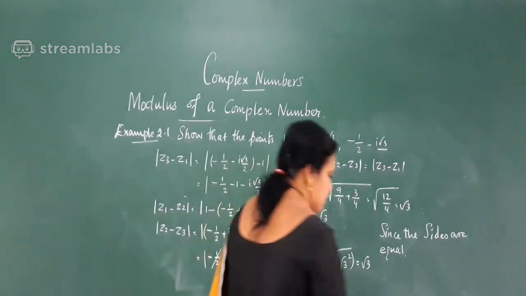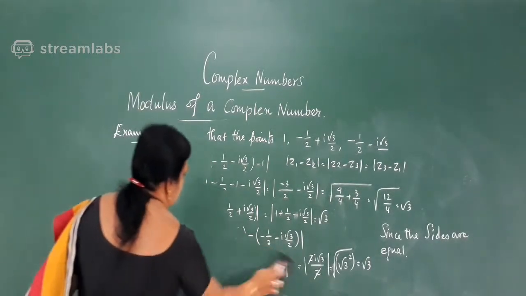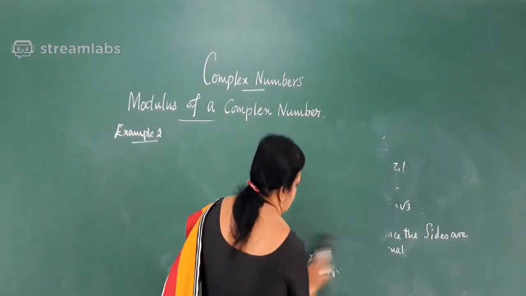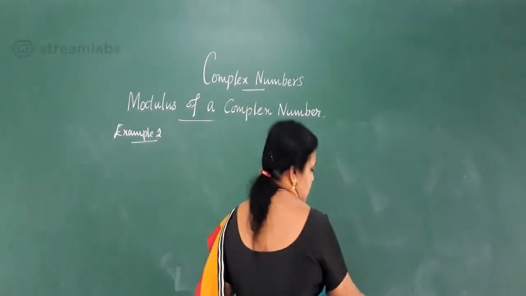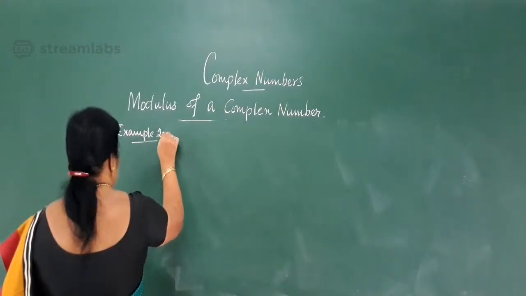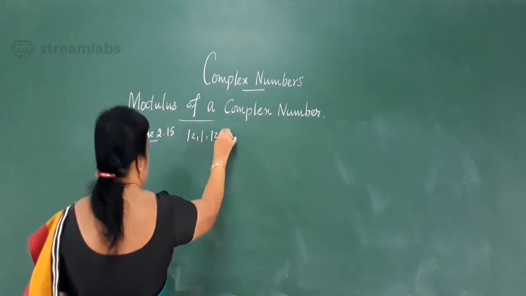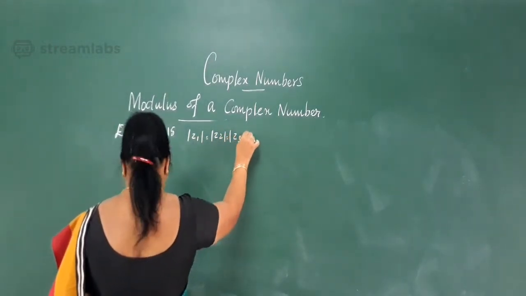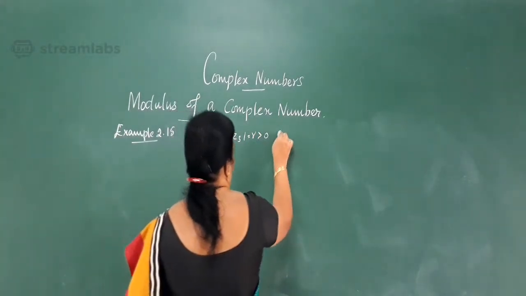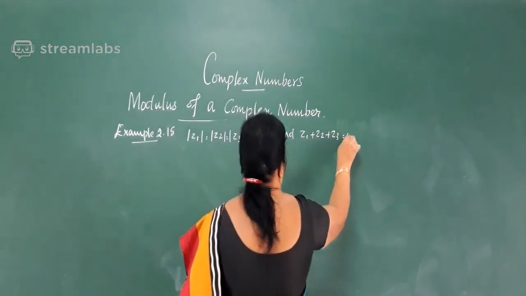Next one, 2.15. See here, they have given mod z1, mod z2, mod z3 is equal to, or greater than, 0, and z1 plus z2 plus z3 is equal to 0.